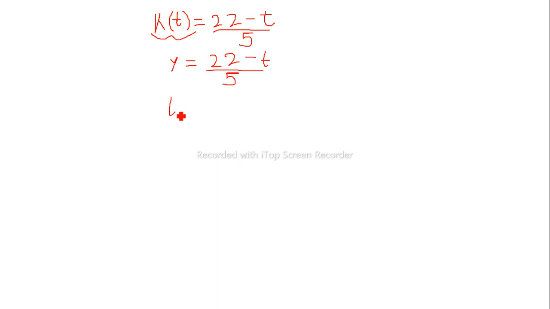So it's going to be t equals 22 minus y all over 5, and then they solve for y. It's the same thing. It's just that instead of writing k of t 100 times, we just switch it to y. You understand what I'm saying?